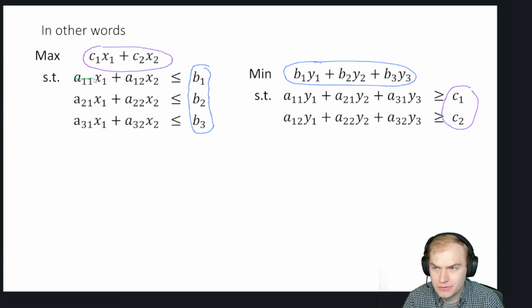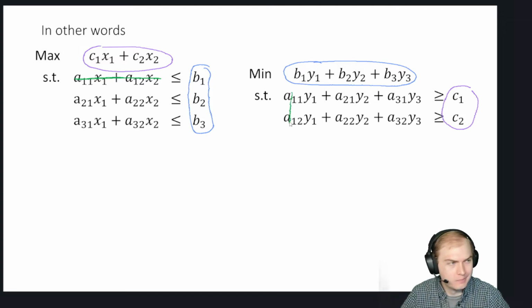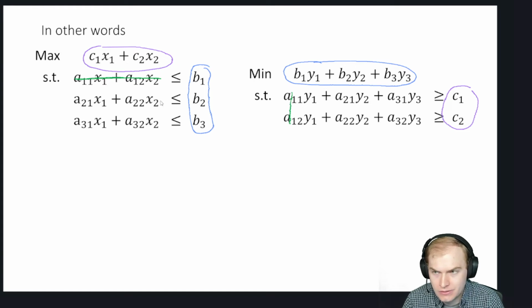So this row, this constraint, this row of A is now a column of A. So the rows have become columns. And similarly, the columns, A11, 21, 31, have become rows.